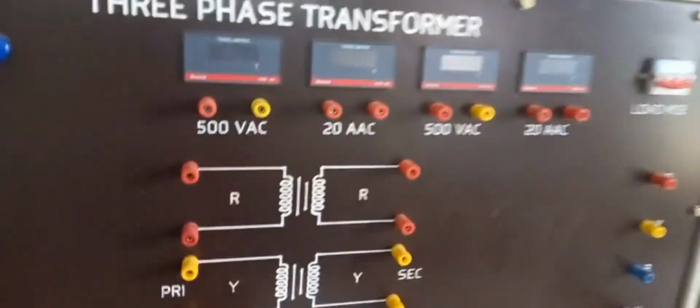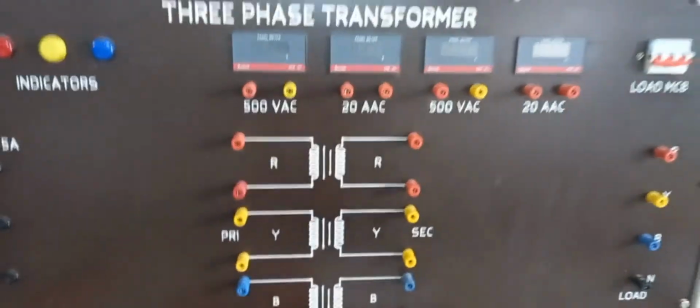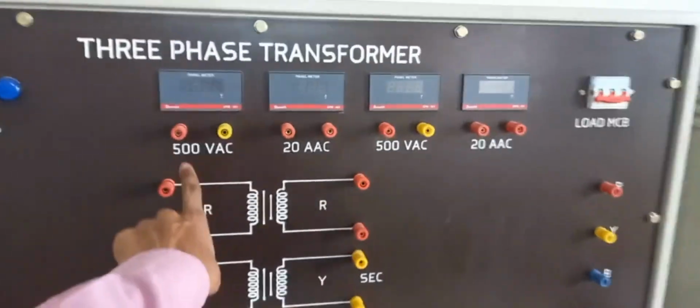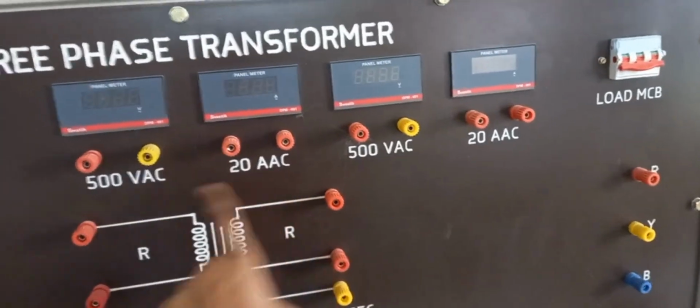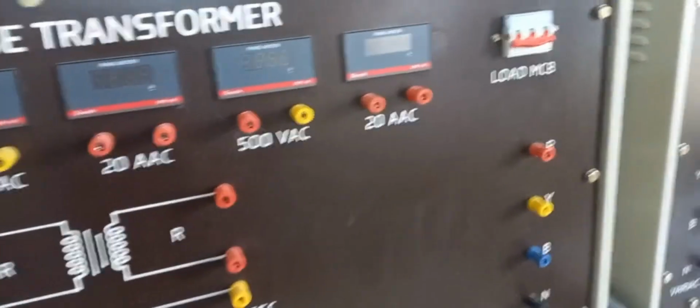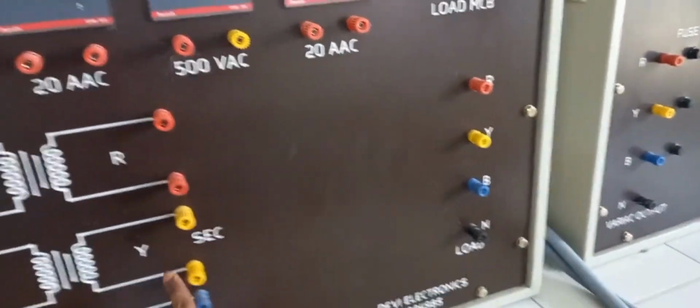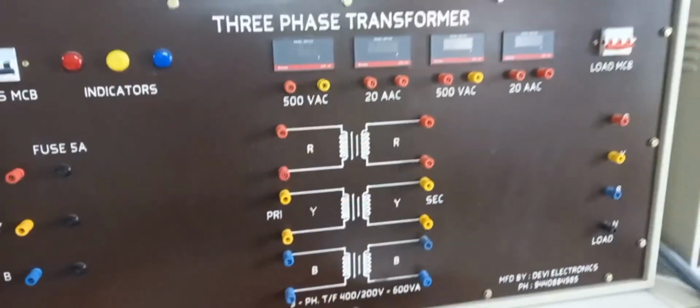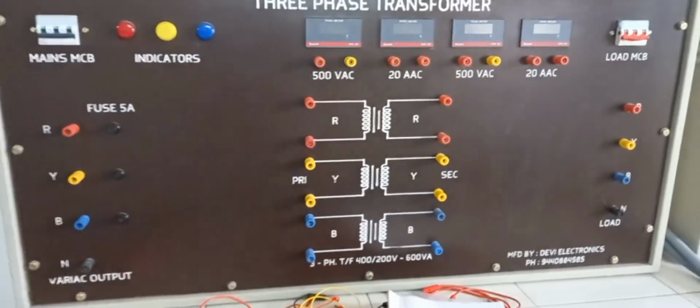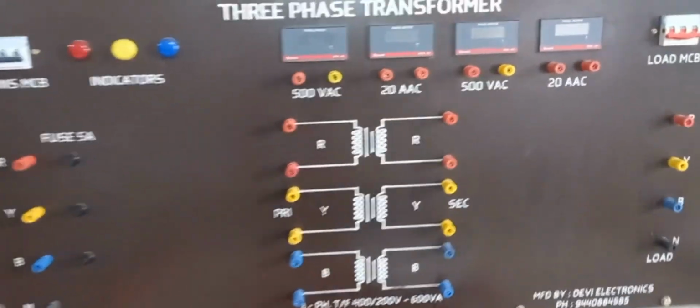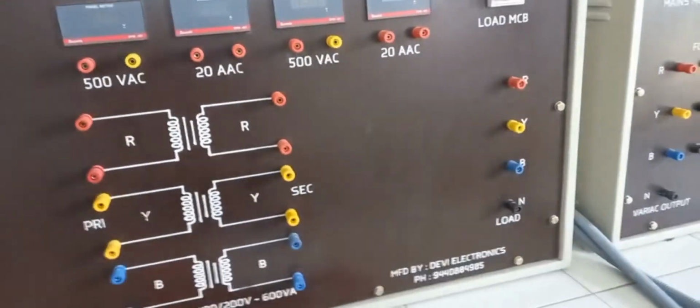Here you remember in our control panel, we have only a voltmeter and ammeter for the primary, and another voltmeter and ammeter for the secondary side. But there are no wattmeters in this particular panel. Because of that, here we are not going to connect the wattmeters, okay.